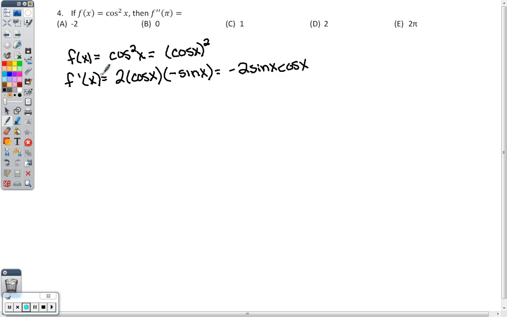And then from here, we can make this the second derivative, and we've got 2 pieces here, right? We can leave the negative 2 out front, and then this is the first function, and this is the second function.